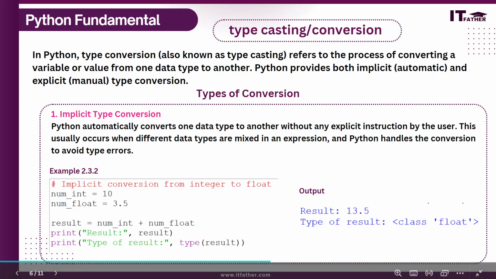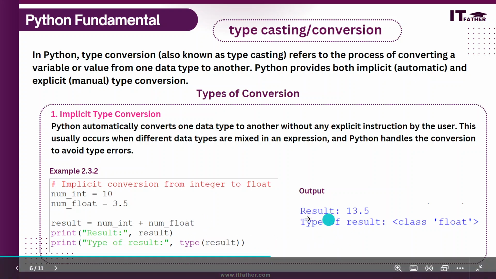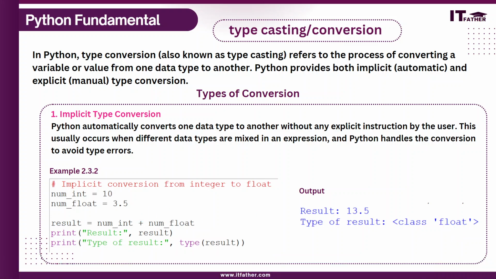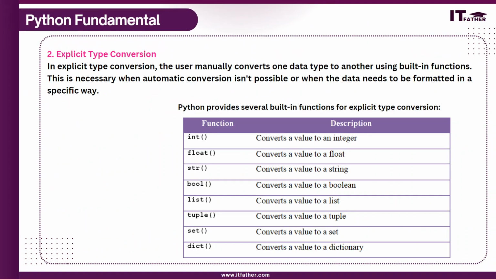Integer plus float, and the result is 13.5, and the type of the result is float. The first value was an integer and the second a float, and the result comes in the form of float, not integer. Python decides that after addition the result should be in floating point, not integer. So this is automatic type conversion.